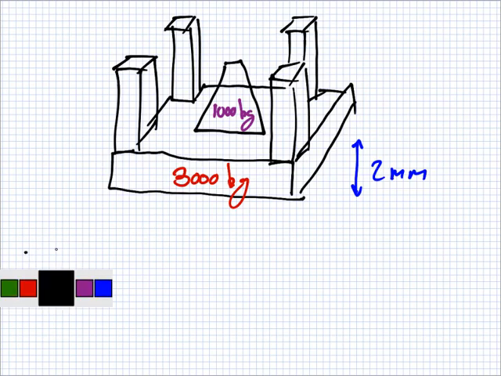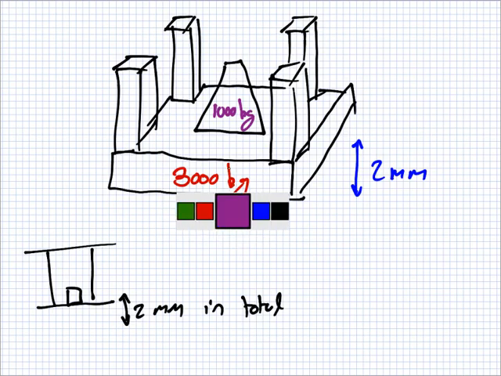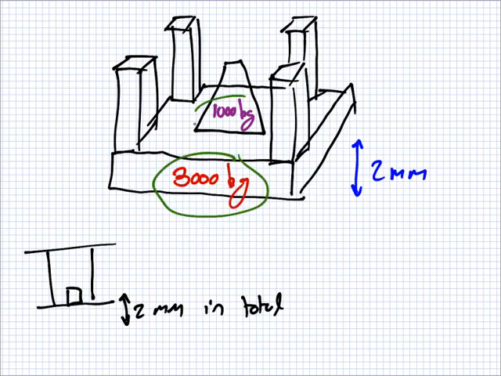So the picture is like this, and it extends down by 2 millimeters in total. So this and this together cause this. That's the picture. Okay, so can you try this now before I do it?